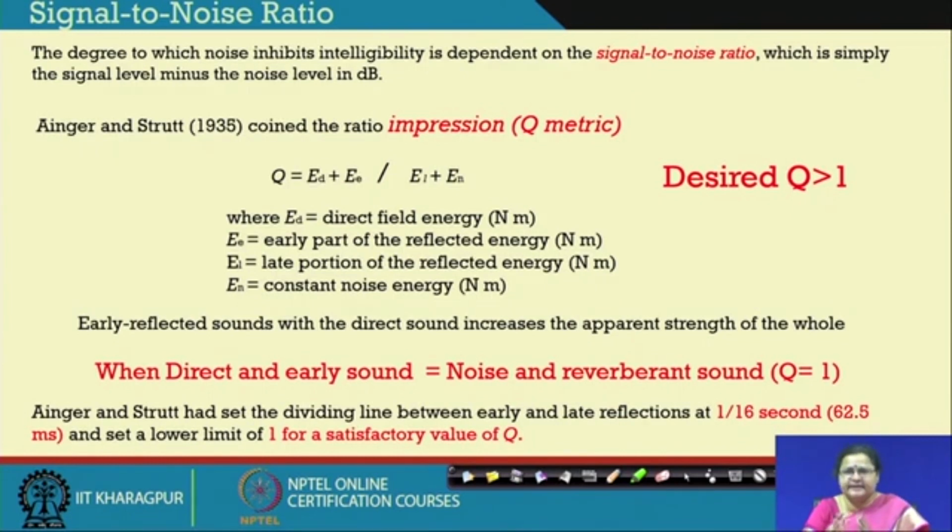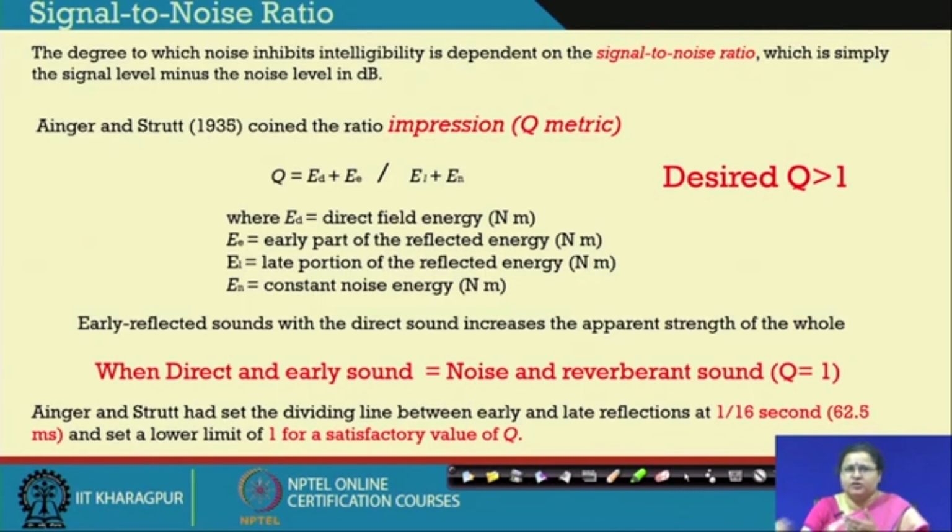So, there it was discretely defined, but when Enger and Strutt worked on it, they told 1/16 second, that is 62.5 milliseconds, is the maximum which can be accounted in the early part of the reflected energy. And I have shown you in my previous module how the remaining part, the late reflection, creates the reverberation time, and that actually is the noise to the next syllable which is spoken in case of speech.